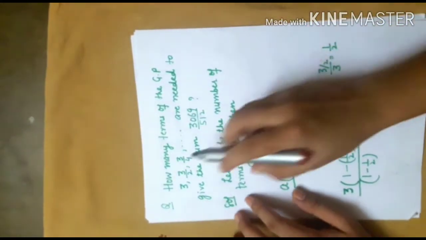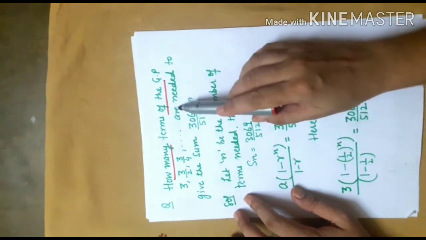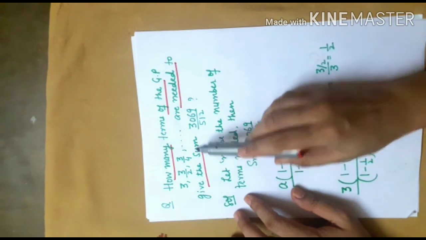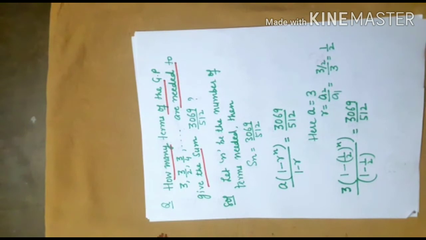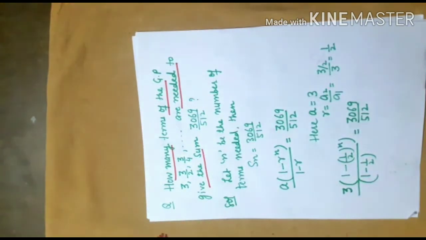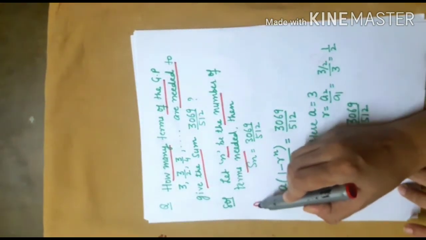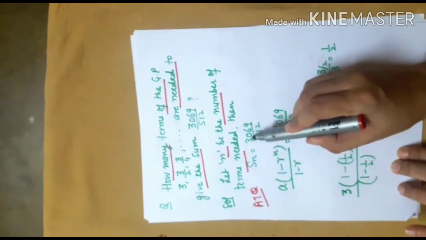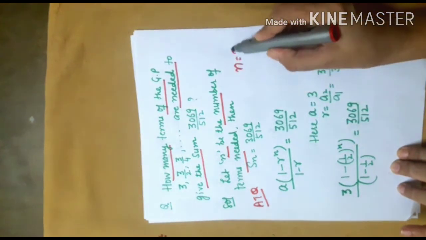Next question is, how many terms of the GP, this is the GP, are needed to give the sum 3069 over 512? That means we are asked that the sum of how many terms of this GP is equal to this. So let n be the number of terms needed. Then according to the question, Sn is equal to 3069 over 512 and we need to find out n.